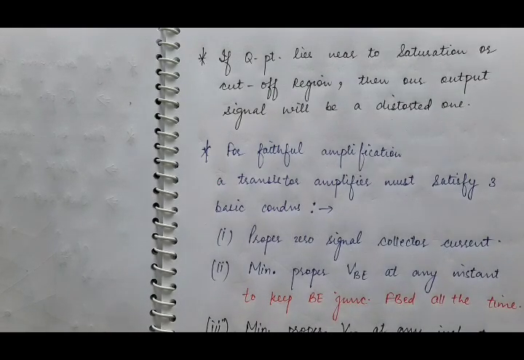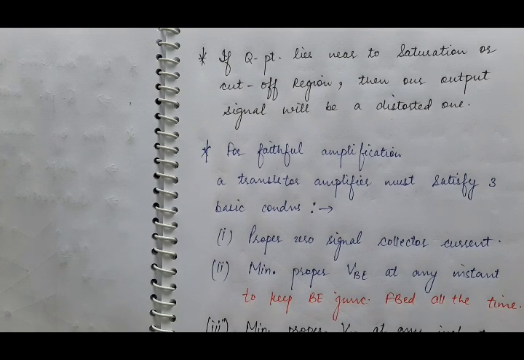This I have already told you that Q point, if it lies near to saturation or cutoff region, then your output signal will be a distorted one, and it is known as unfaithful amplification.